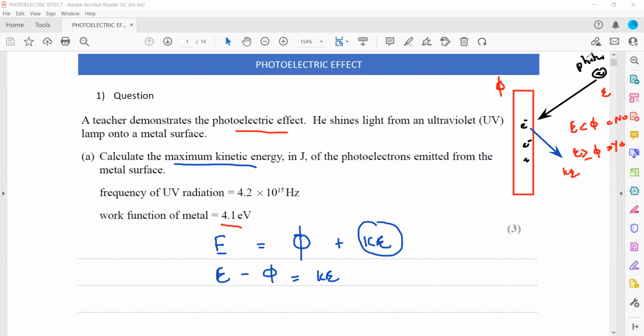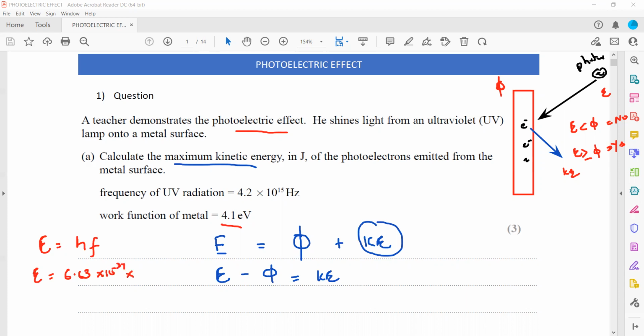The formula we will use to calculate the energy of the photon is E = hf. The energy of the incident photon equals h, the Planck's constant, times f, the frequency of the incident light. The Planck constant is fixed, which is 6.63 × 10^-34.